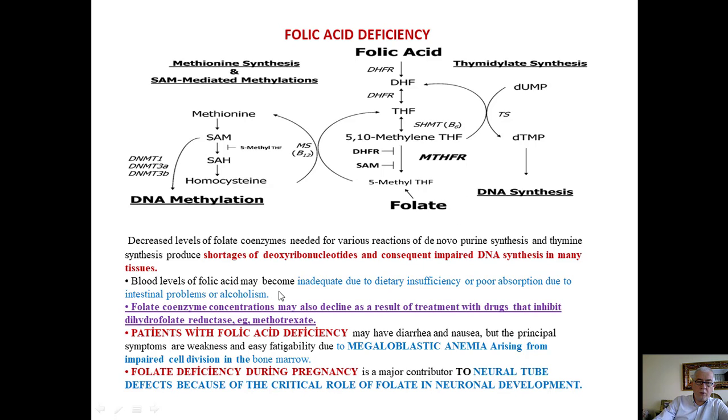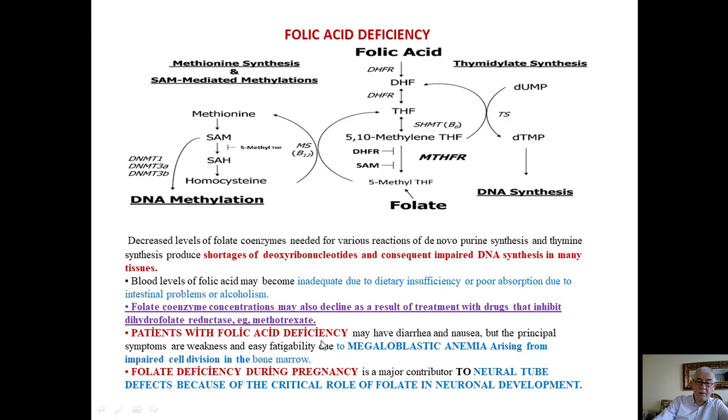Blood levels of folic acid may become inadequate due to dietary insufficiency or poor absorption due to intestinal problems or alcoholism. Folate coenzyme concentration may also decline as a result of treatment with drugs that inhibit dihydrofolate reductase, such as methotrexate.